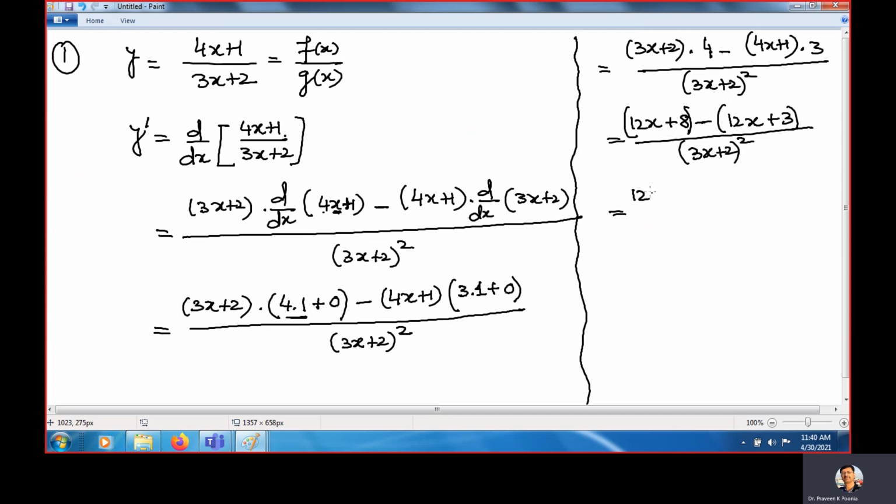Now open the bracket: 12x plus 8 minus. Minus means the inner terms will be negative: minus 3. The 12x terms cancel. 8 minus 3 is 5, upon (3x+2) whole square.